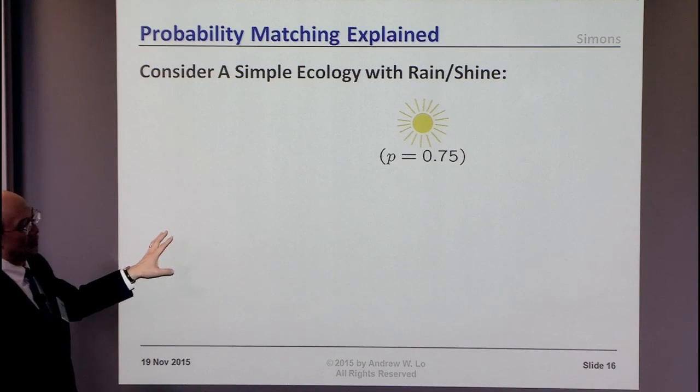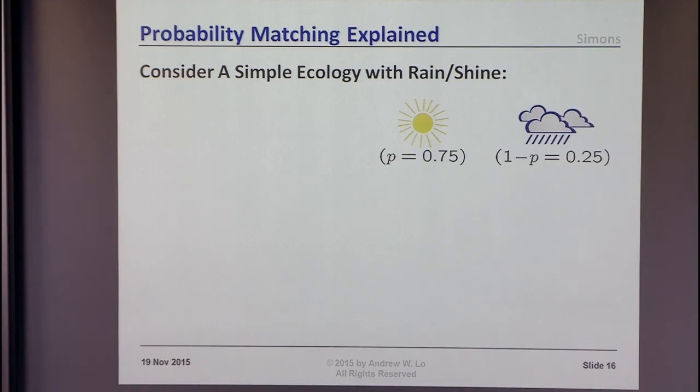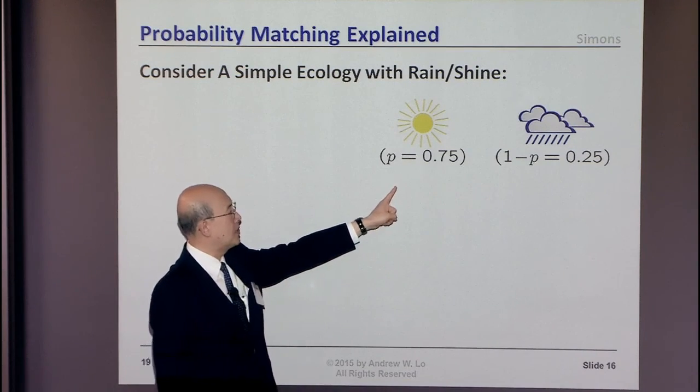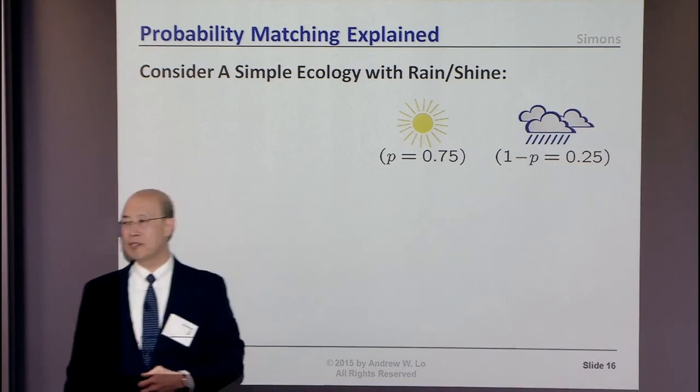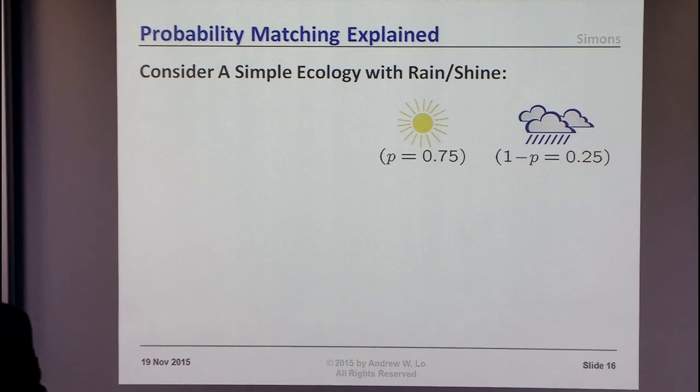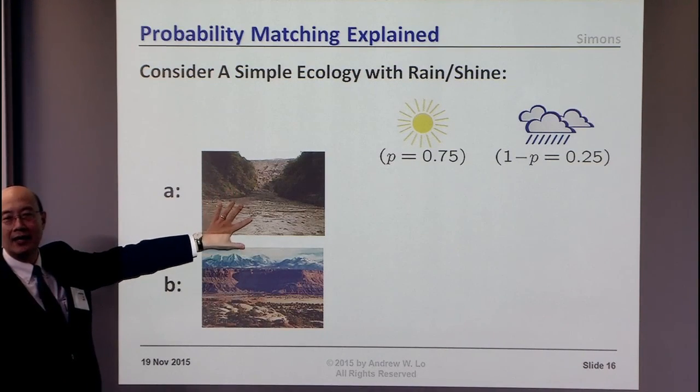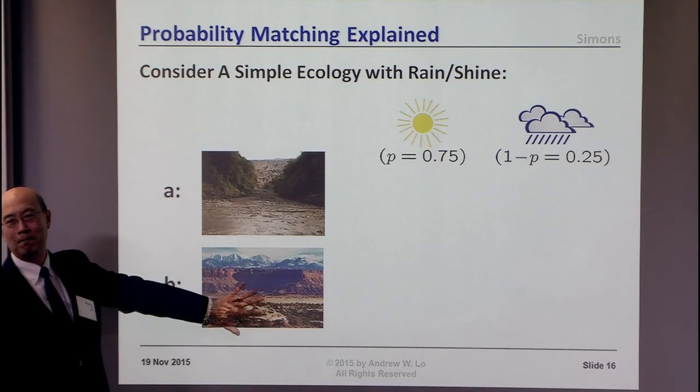Here's an example that I came up with to try to develop intuition for what's going on here. Suppose you have a very simple ecology where you've got a 75% chance of sunshine and a 25% chance of rain. In this very simple environment, the creature has to make a simple decision about where to build its nest. It has two choices: to build the nest in the valley or on top of a plateau.